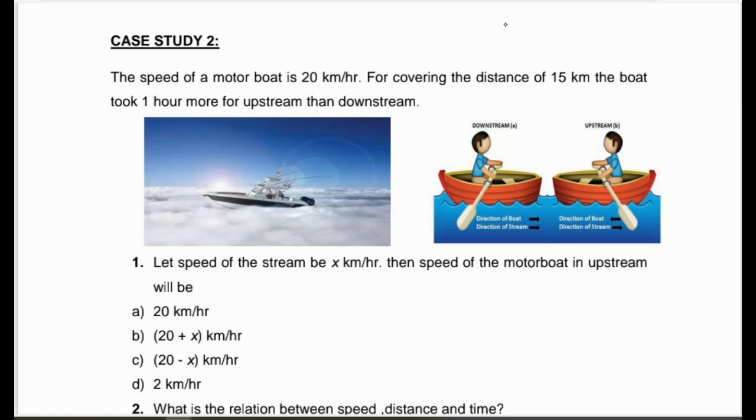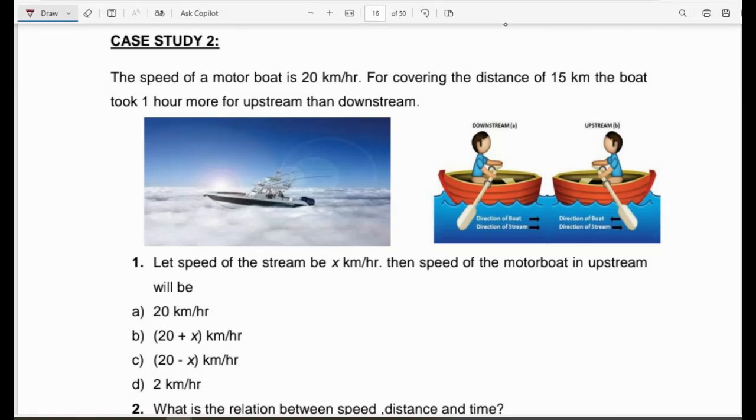So here it is given, we can take: speed of motor boat is 20 kilometer per hour. Then they've given distance traveled is 15 kilometers.